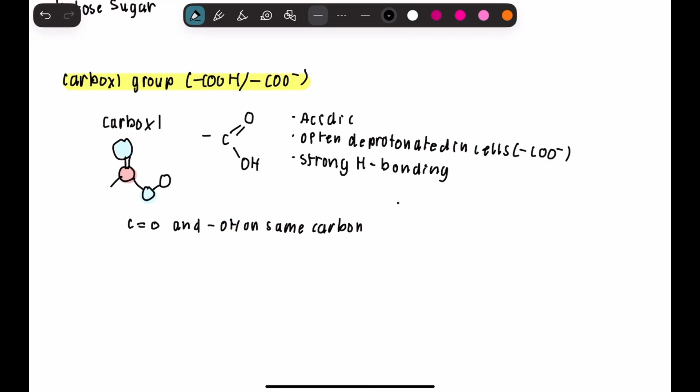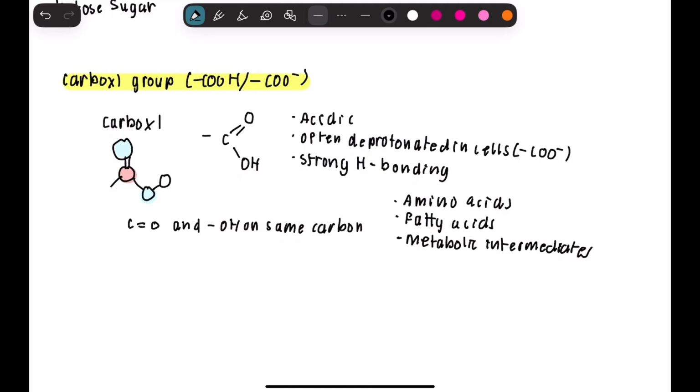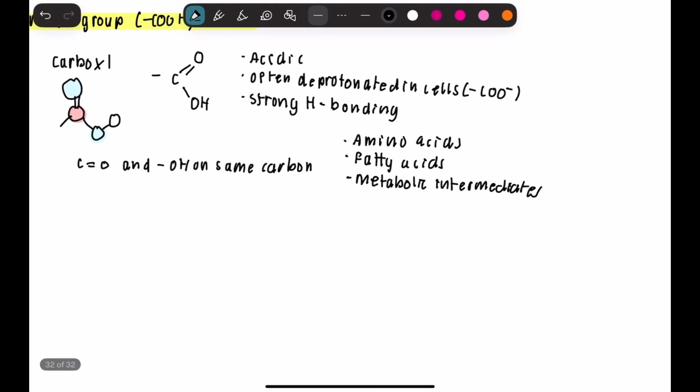This means amino acids, fatty acids, and metabolic intermediates. So think amino acid or an acid.